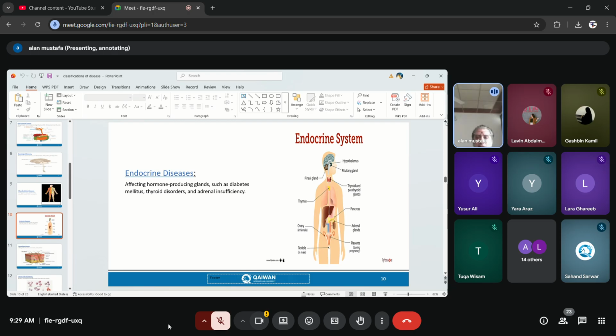Now another system is endocrine, and here we are talking about the glands, different glands in our body, like the thyroid gland. We have glands everywhere, including in the brain, as shown in the picture.